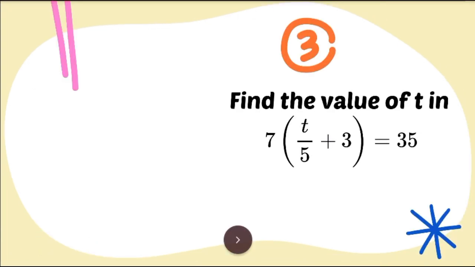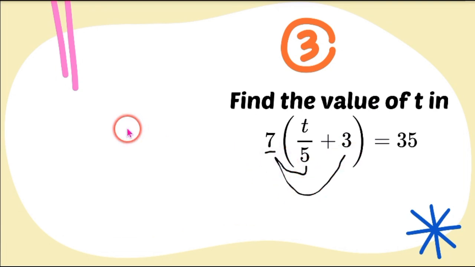Question 3. Question 3 says find the value of t in this. Don't get confused. Alright. So when you want to do this, you have to open the bracket first by using this to multiply each of the terms inside the bracket. So this multiplies this and 7 also multiplies this.